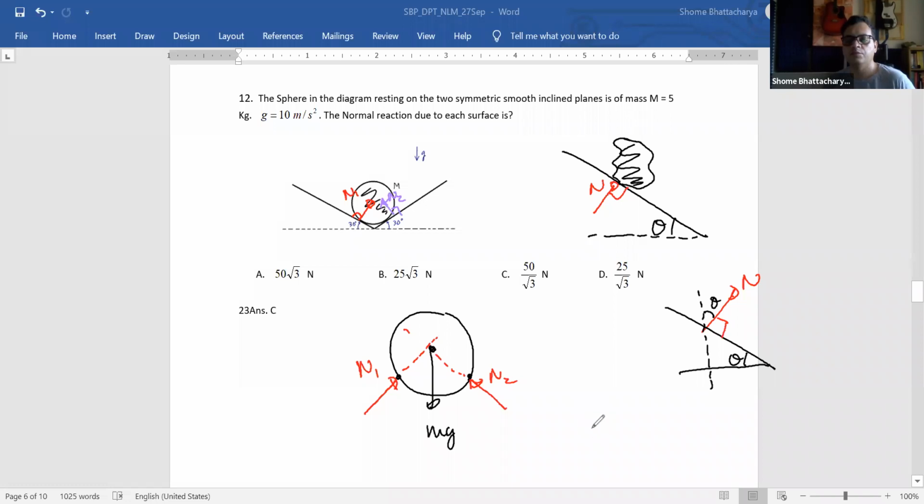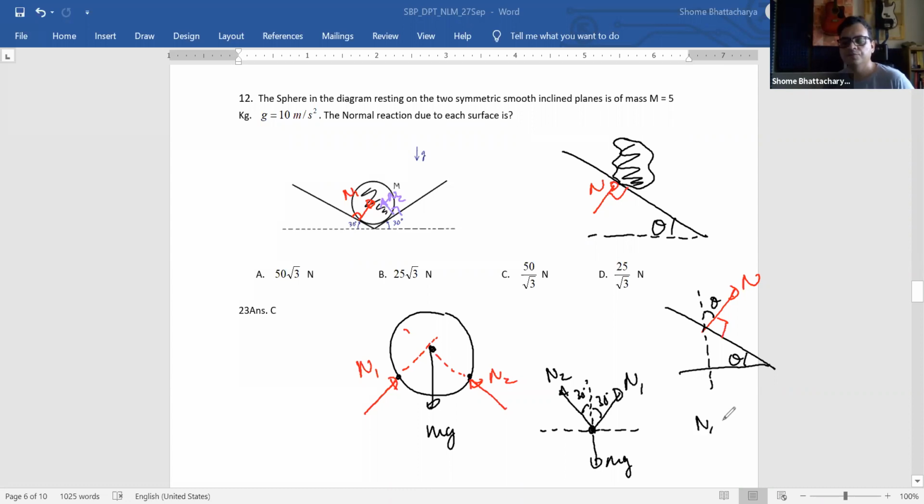If you make a particle type of FBD, you can show that N1 is acting at an angle of 30 degrees to the vertical, N2 is also acting at an angle of 30 degrees to the vertical, and Mg is acting vertically downwards.